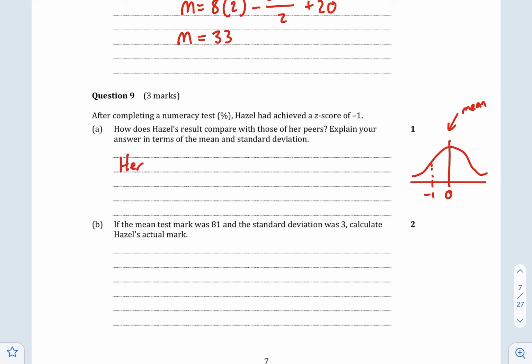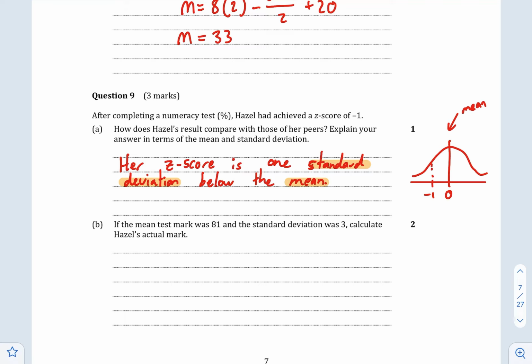And that's what we need to write. So you'll notice I used the words standard deviation and mean in my response, and they wanted my answer to be like that.